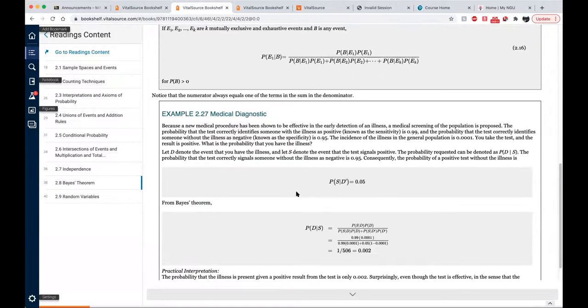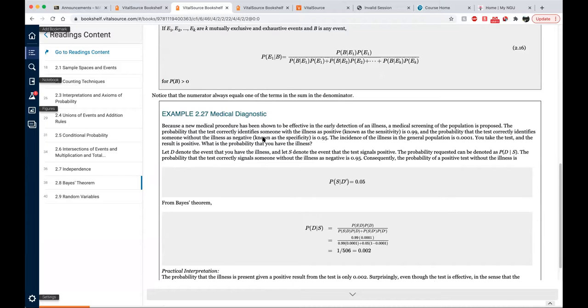Example 2.27: a new medical procedure has been shown to be effective in the early detection of an illness, and a medical screening of the population is proposed. The probability that the test correctly identifies someone with the illness as positive, known as sensitivity, is 0.99.